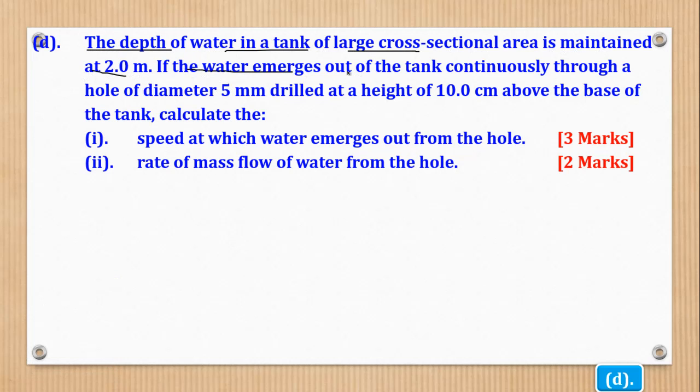If the water emerges out of the tank continuously through a hole of diameter 5 millimeters, drilled at a height of 10 centimeters above the base of the tank, calculate Roman 1 the speed at which the water emerges from the hole, and Roman 2 the rate of mass flow of water from the hole.